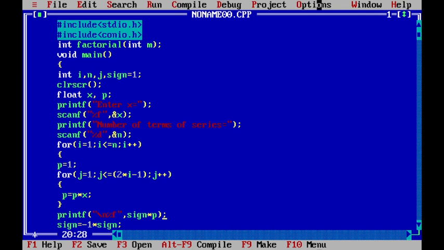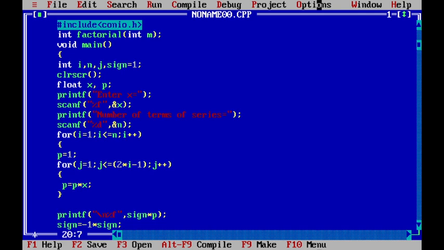Then we are going to call this factorial here. You can check whether factorial is printing or not by calling printf, say if we print factorial j.